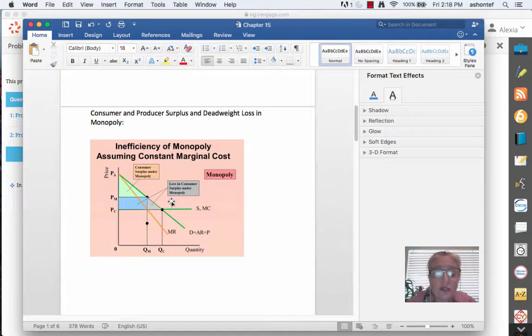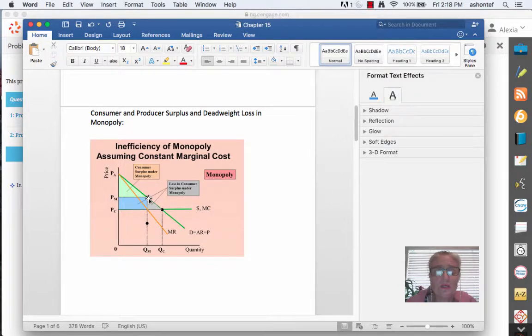And the price will always be what people are willing to pay, which is represented by your demand curve. So we're going to find where marginal revenue equals marginal cost, which is that point right there. So it's this line right here, and then we're going to go all the way up to the demand curve and come across, and that's what the monopoly is going to charge.